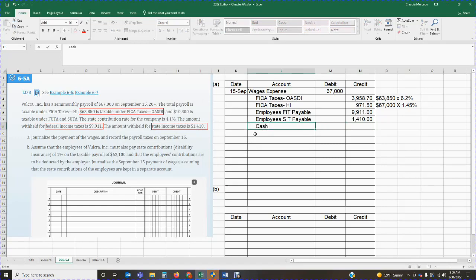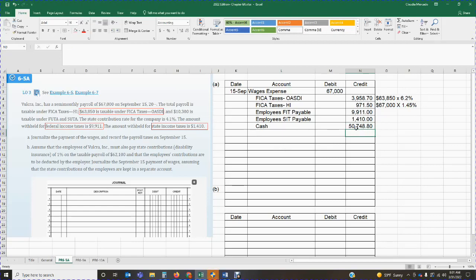We use the cash account because anytime that we pay our employees in any form, whether it be cash, direct deposit, or check, we use our cash account because the money is being deducted from our bank account. So cash is going to be credited for the $50,748.80. Your cash decreases because we're making a payment to our employees.